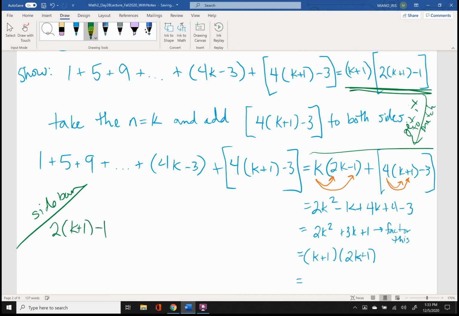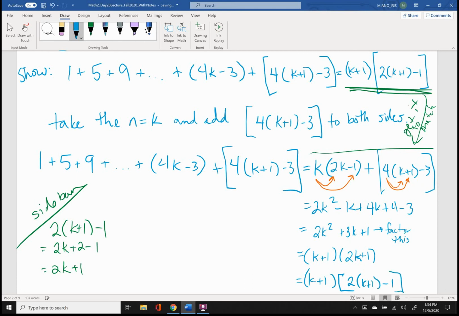If I distribute that through, I'd get 2k plus 2 minus 1, and that equals 2k plus 1. Yep. So you can work backwards on this and say that this is (k plus 1) times the bracket 2(k plus 1) minus 1.